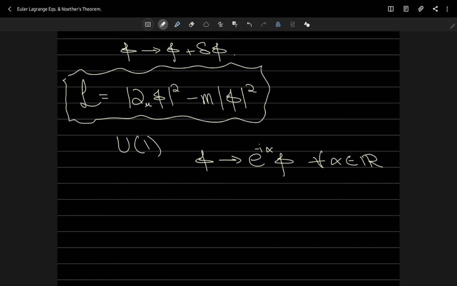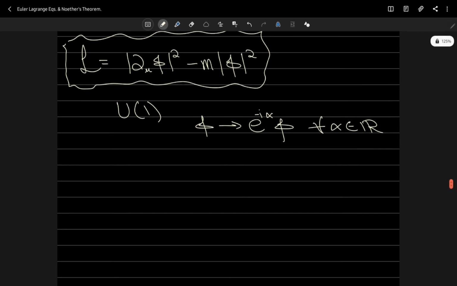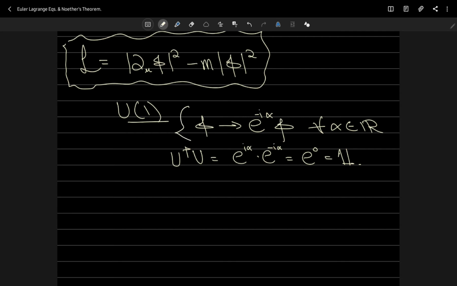Now I said that this comes under U1 transformations, and you can check that if I were to take the unitary dagger U, which would be exponential i alpha, times exponential negative i alpha, this thing is exponential 0, which is unity, right? So that means that if I make this sort of a transformation, nothing will happen to the Lagrangian.